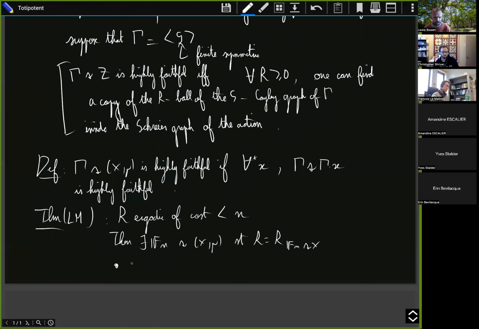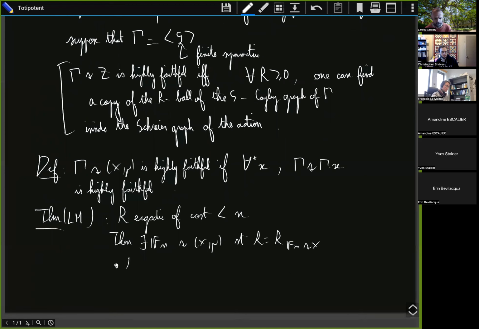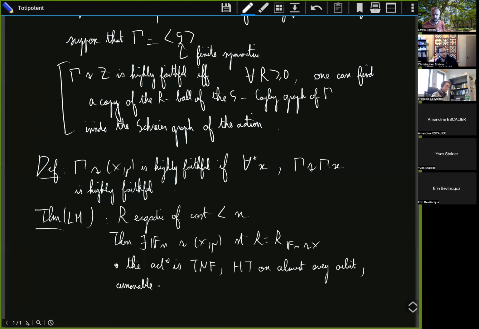And so the action is totally non-free, highly transitive on almost every orbit, amenable on almost every orbit, and highly faithful.